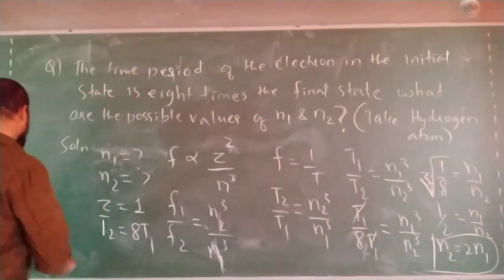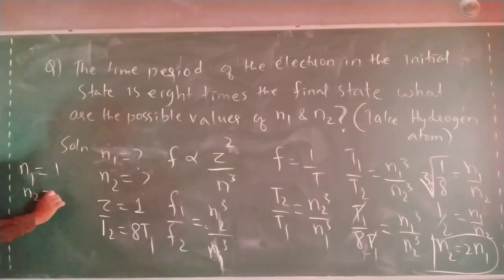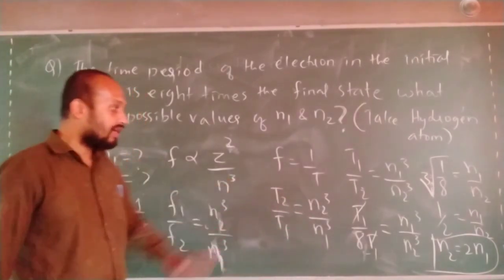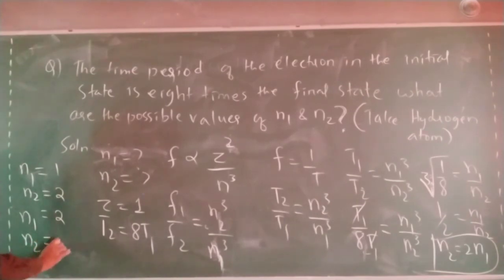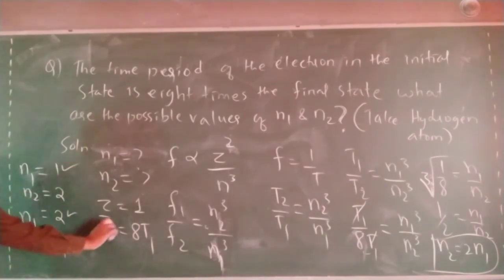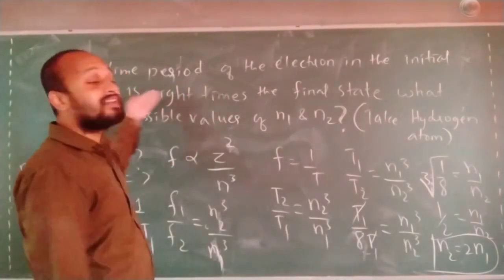Put n1 is equal to 1. If n1 is equal to 1, n2 will become how much? n2 will become 2. Put n1 is equal to 2, n2 will become 4. That means these two, second orbit and fourth orbit, share the time period relation as 8 times.